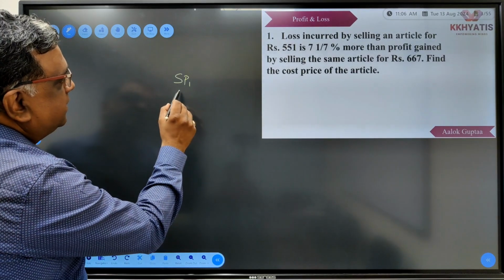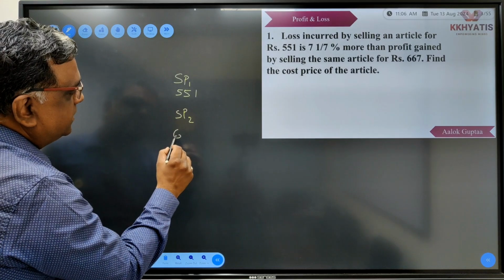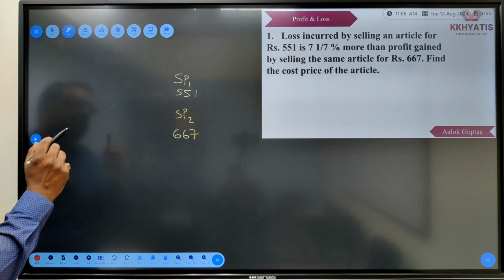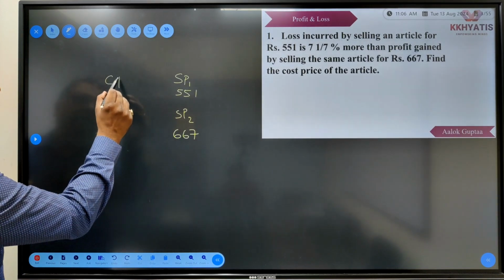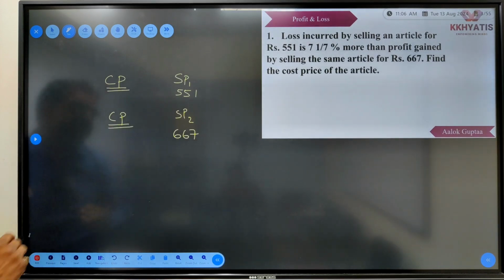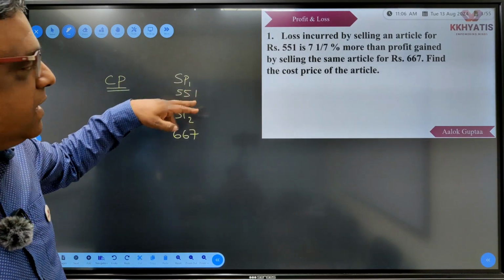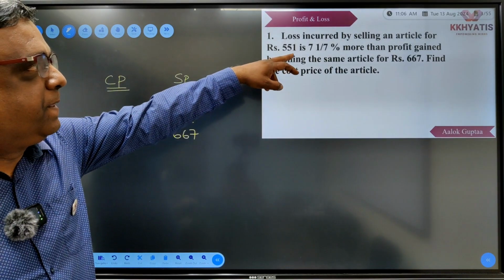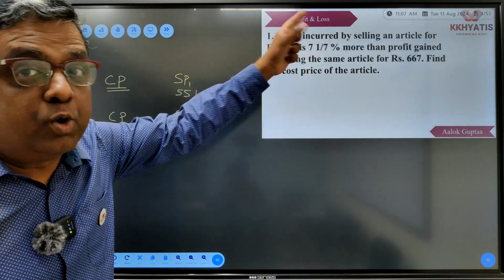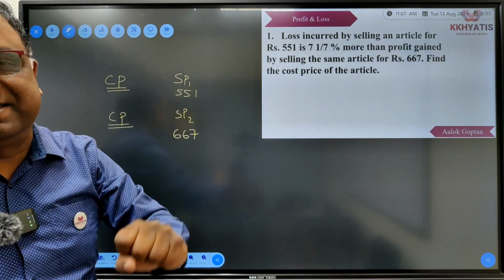SP1 is given as 551 rupees and my SP2 is given as 667 rupees. The cost price of this article, according to me, is the same. Cost is not changing. But in the first case, when he's selling the article at 551, his loss is 7.17% more than the profit from selling the same article at rupees 667.